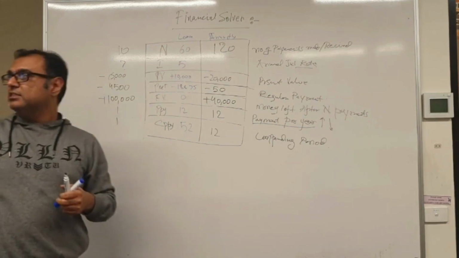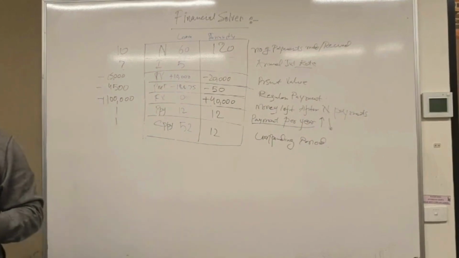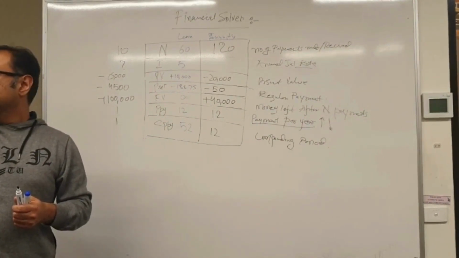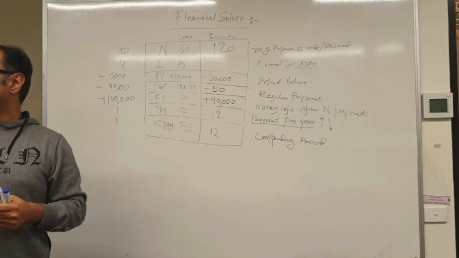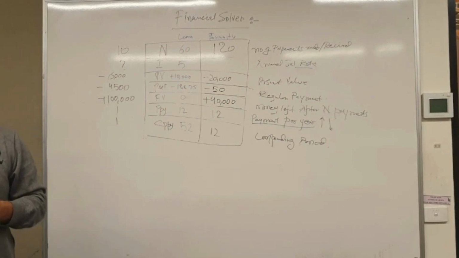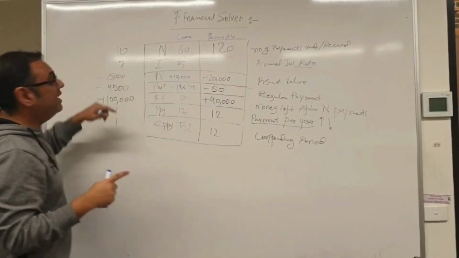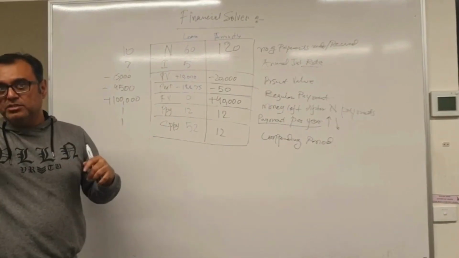Now Mitchell, let's understand where this N is coming from. If you read the question, how many times is this guy making a payment in 1 year? The question says, invest an additional 4,500 each year. So that means in a year he is just transacting once. And what's the tenure? 10 years.